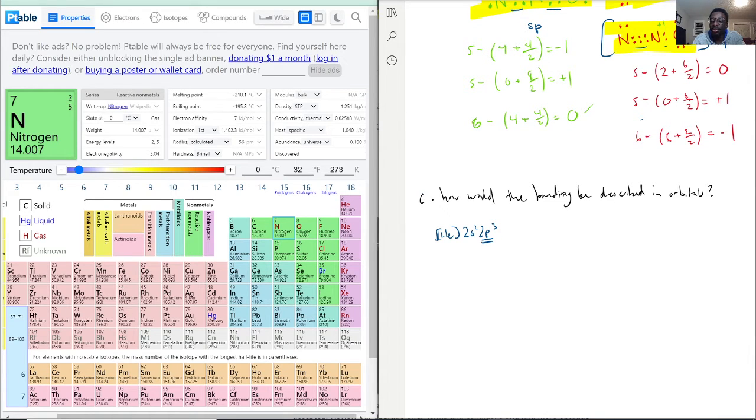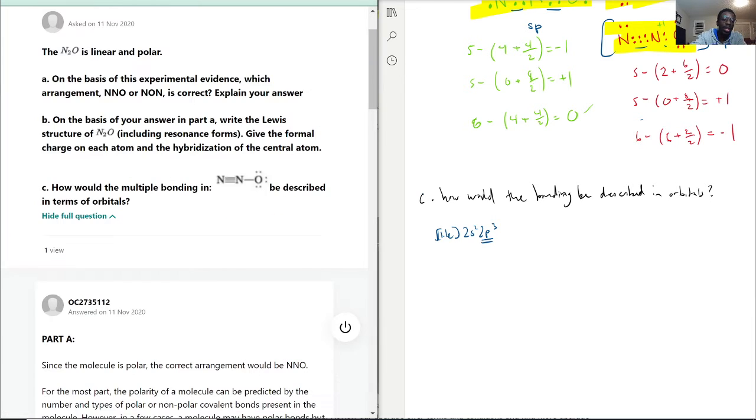Because it's sp hybridized in the middle, we would assume that's going to be its p orbital. And as you see here, the 2p3, that was signifying, because you know how nitrogen was like this, these 3 electrons would be the p3, and that's actually what was used in creating the triple bond.